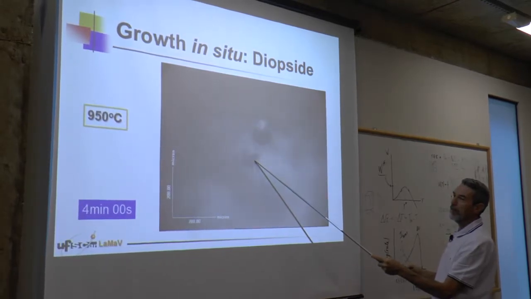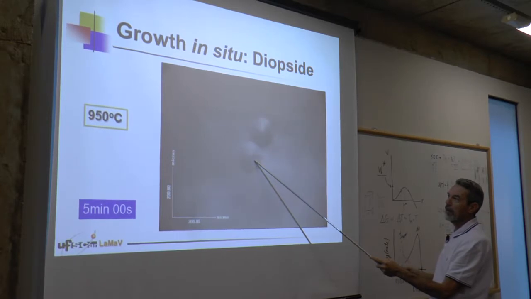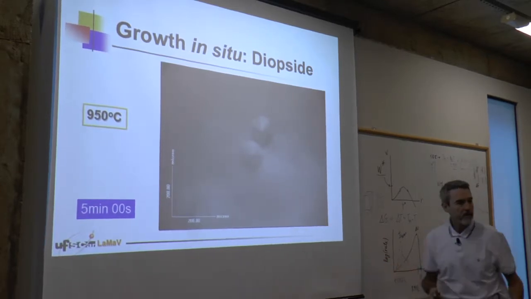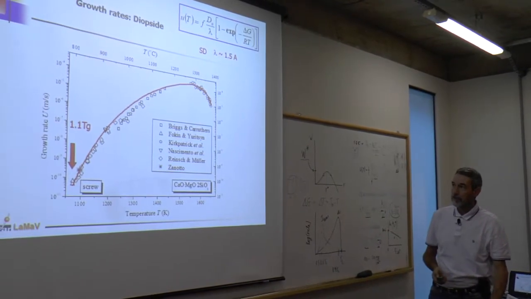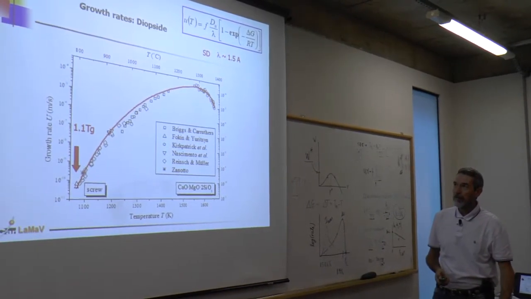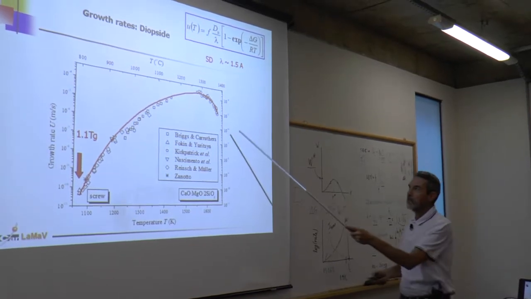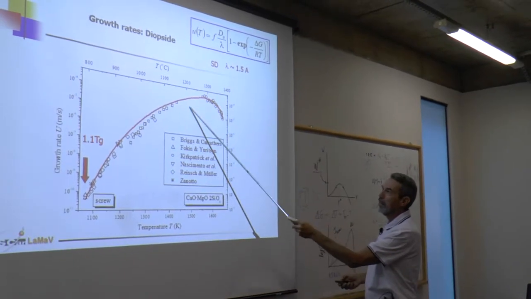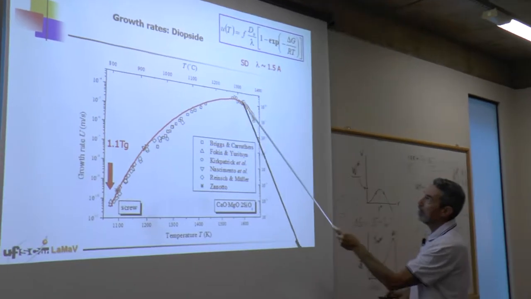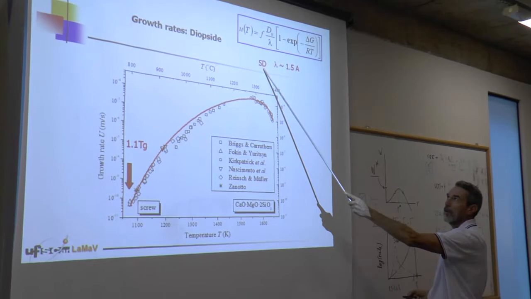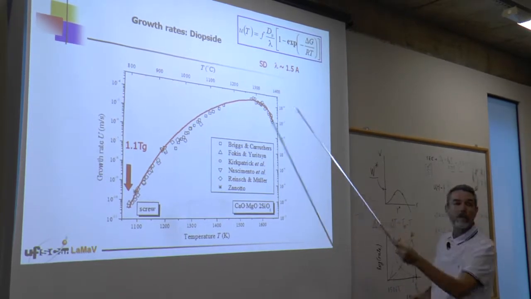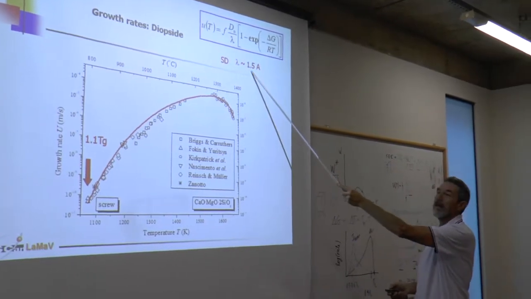So this is how he measured the growth rates of his crystals. And for a particular system, these are experimental data, and the fit, in this particular case with the screw dislocation model, gives a resulting lambda that looks very nice.